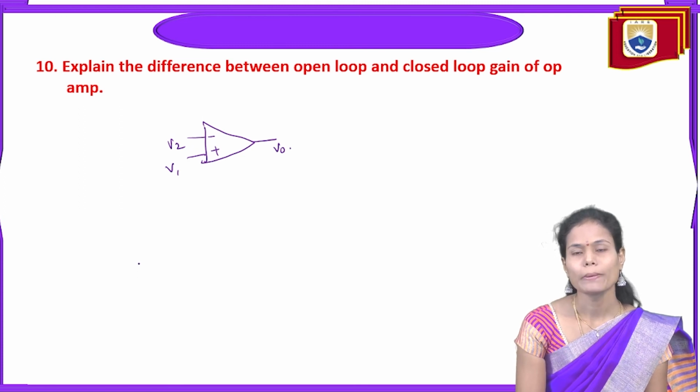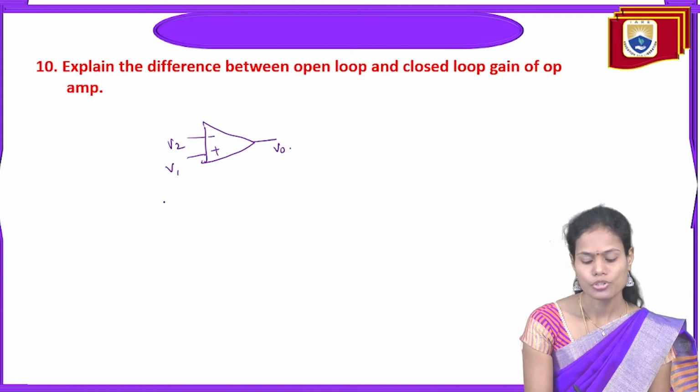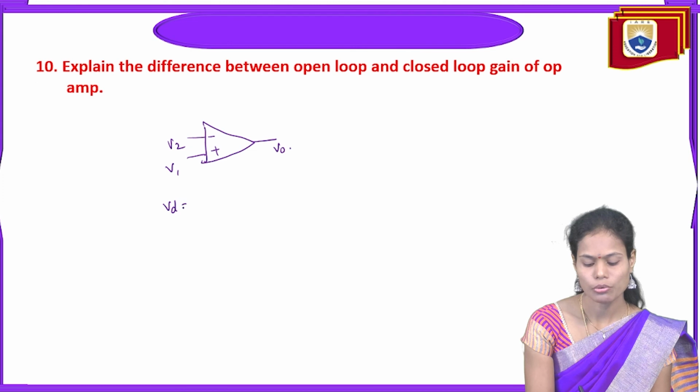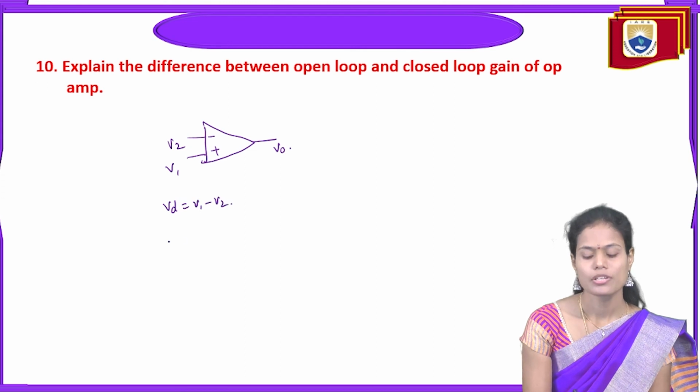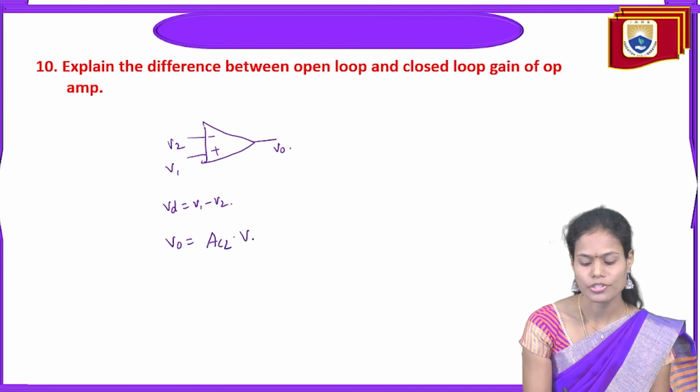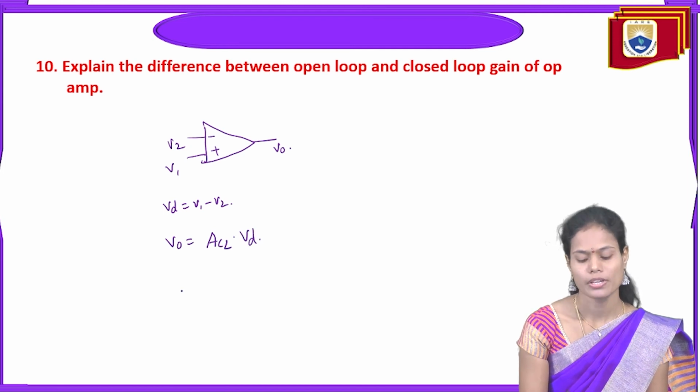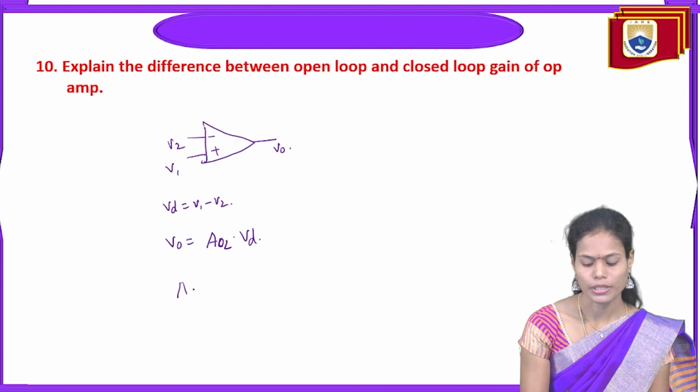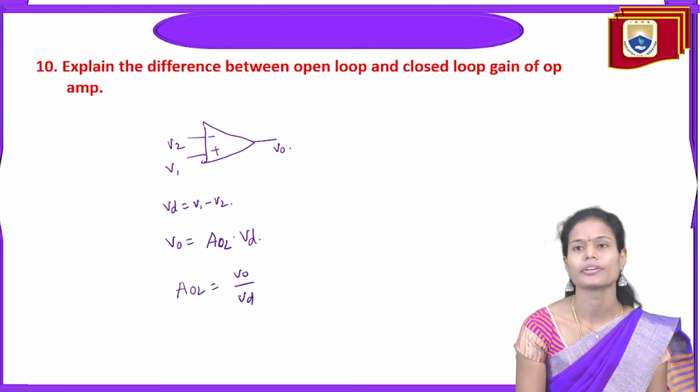The open loop gain of the operational amplifier means we are not providing feedback from output to input. In this case, the differential voltage is V1 minus V2, so the output voltage is the open loop gain times the differential voltage VD. So the open loop gain equals V0 by VD.